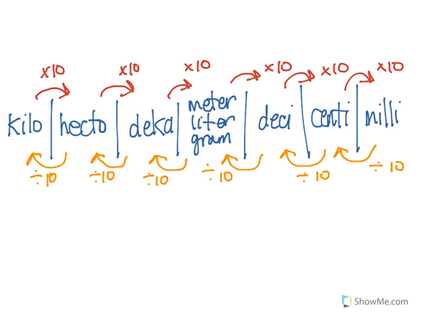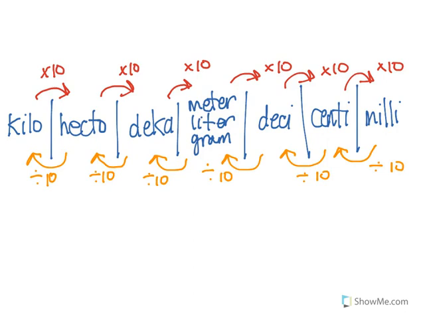That's 2 jumps I have to make. So it's kind of like 10 squared. That's 100. And that's why centi is 100. If I was going from meters, liters, grams, this is just like if it was 1 meter, 1 liter, 1 gram, or 6 meters, 6 liters, 6 grams. Like you were just starting with that base unit before the prefixes are added to the word. That's how you determine how many jumps you make.